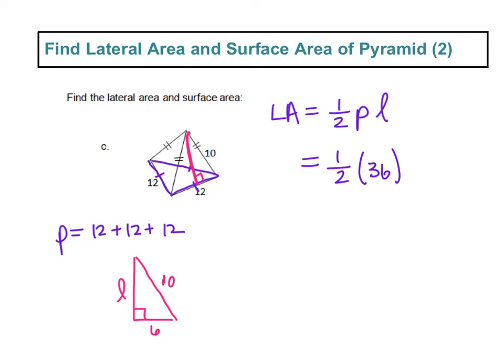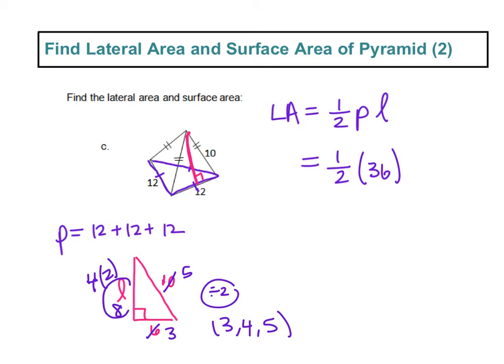So I see some even numbers. I'm going to try to divide by 2, see if we've got a triple. This becomes a 3, that becomes a 5. Oh, yep, that's a 3, 4, 5 triple, which means our missing side is 4. But don't forget, we have to multiply it by 2 so that we get a slant height of 8.